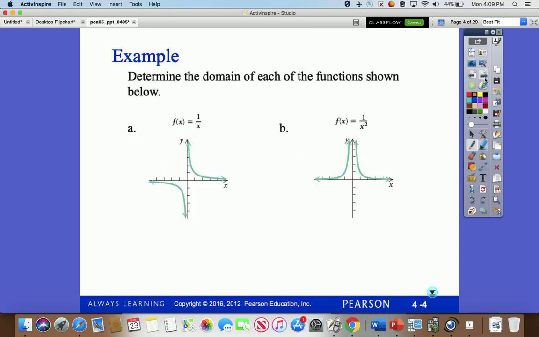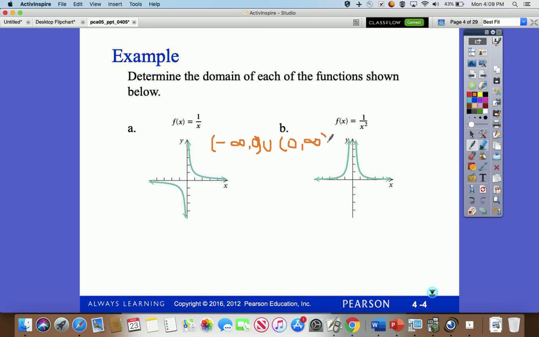So looking at these, there are a lot of examples in these 29 slides that we want to talk about the domain. Now, if you're looking at the graph, it's pretty easy to see, hey, we don't ever cross 0. So our vertical asymptote here would be x equals 0, and our domain would be negative infinity to 0, union 0 to infinity.